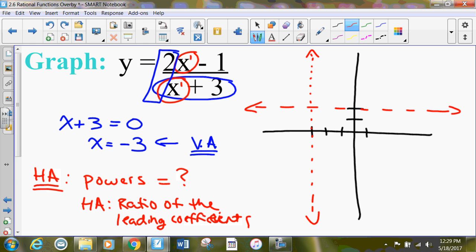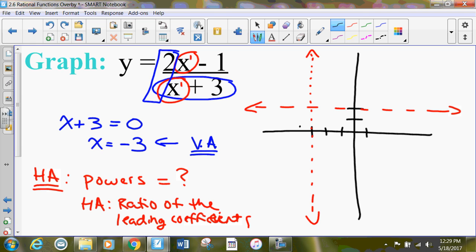So the really cool thing about recognizing with rational functions that we may have a vertical asymptote, in most cases we will, and I think in all cases. I take that back, sorry, it could be a hole instead of a vertical asymptote. But once we know where our vertical asymptote and our horizontal asymptote are, we can make a quick sketch by testing on either side of our vertical asymptote.